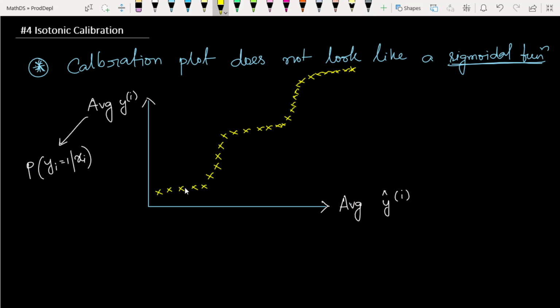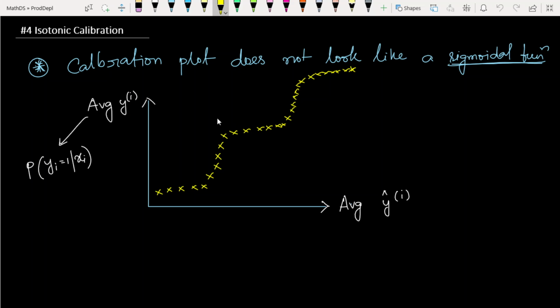If you remember the YOLO plot that we took, it is shown by the black color. These are the empirical calibration plot that we got. It's the actual plot, and it's not a sigmoidal function.